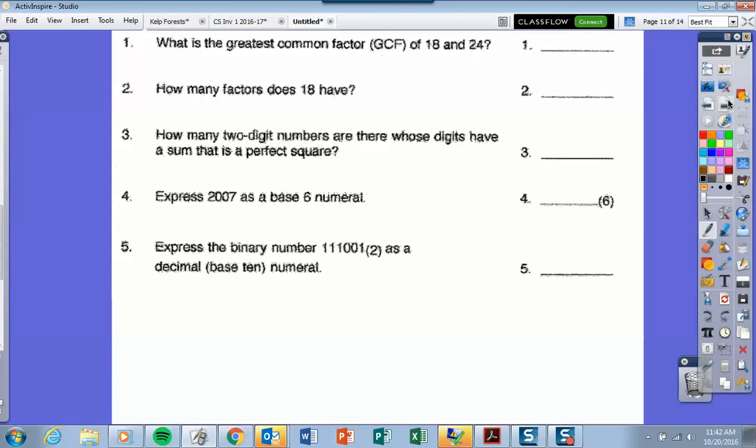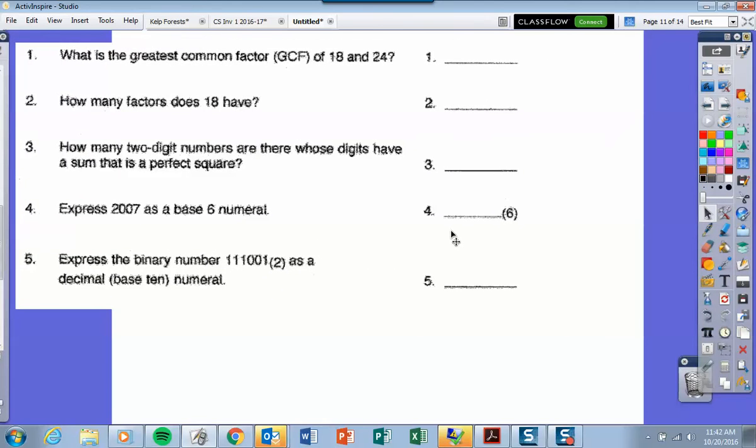Well, we're going to move this over a little bit, just give myself some room. We've got a few ways we can do this. Is that we can actually go through and we can find the factors of 18 and 24.